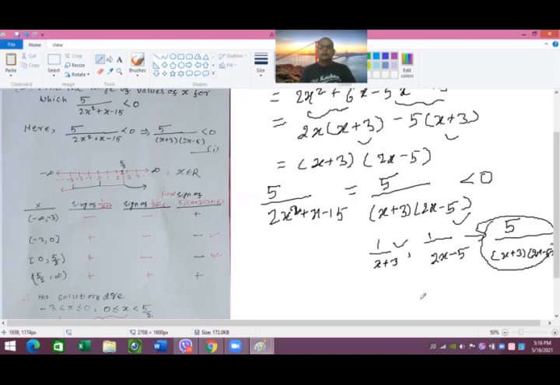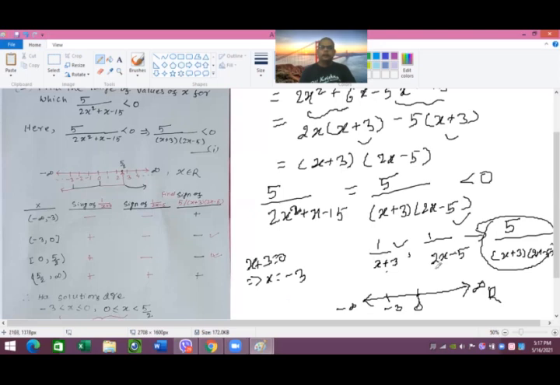In order to do that, we have to search these points on a real number line. First of all, if you work with x plus 3, you put x plus 3 equal to 0. That means x is going to be, if you transpose to the right, negative 3. So you have to search one negative point over here, negative 3.